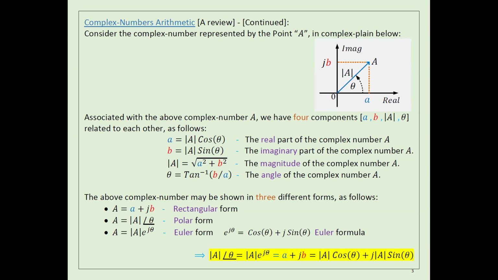Why don't I just use one of them all the time? Simply because, as you will see shortly, for addition or subtraction it's easier to use rectangular form, but for multiplication or division it's easier to use polar form.